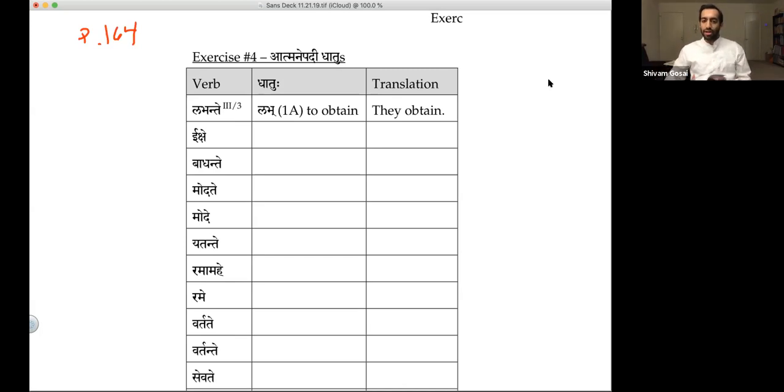Now, if I want information on these dhatus, what page should I open up to in the book? So for example, iksh. How do I know what iksh means? What page should I look at?